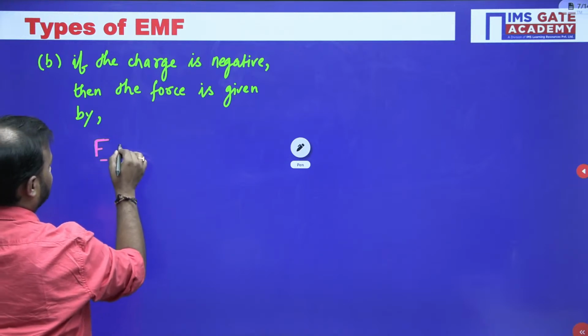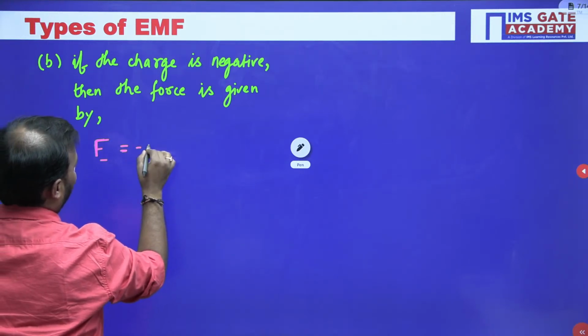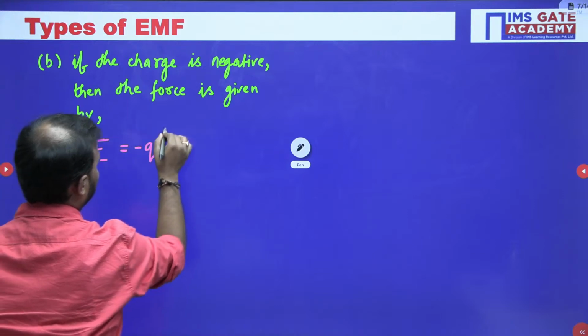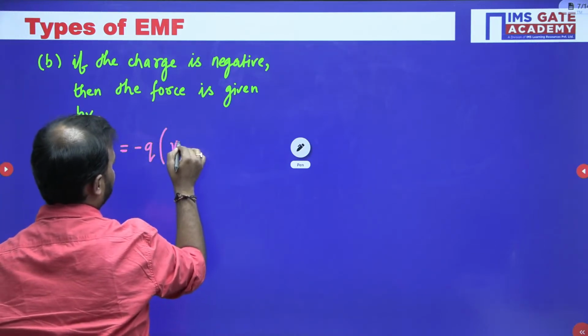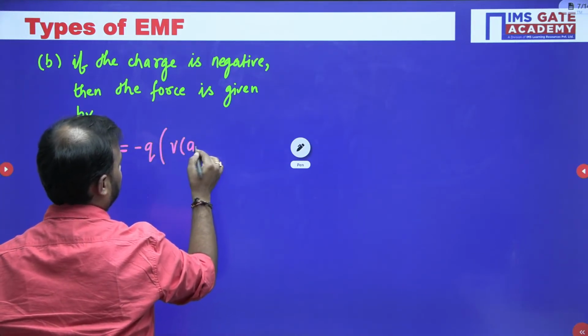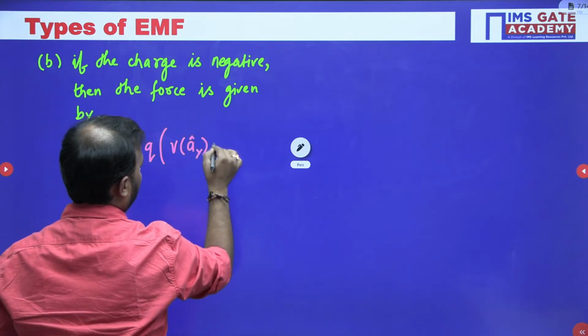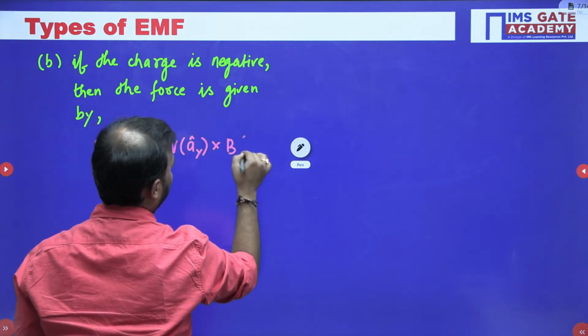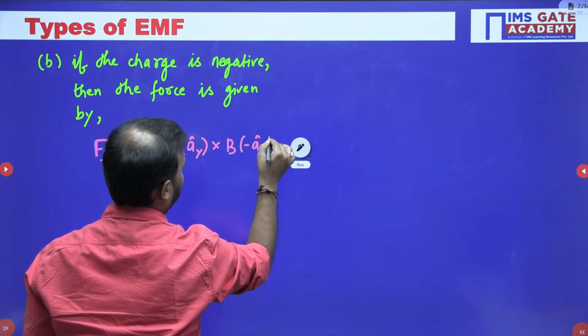F minus is equal to minus Q, that is negative charge. Now V is V into AY cap cross B into minus AX cap.